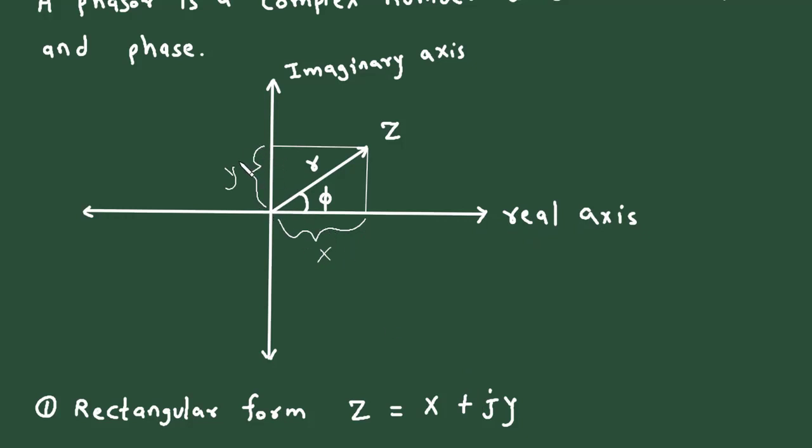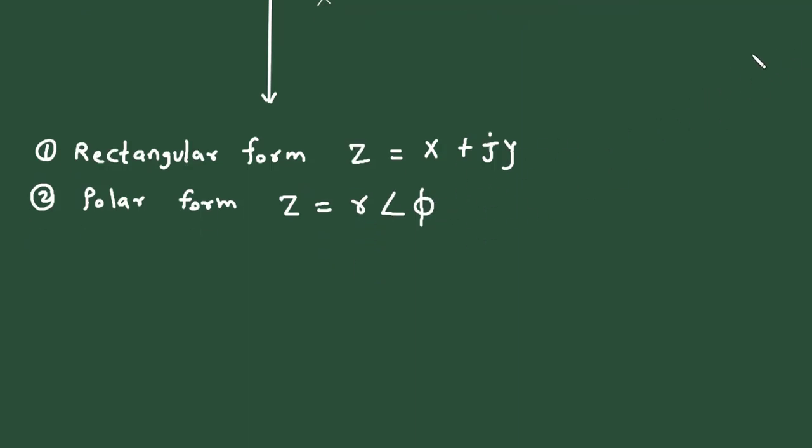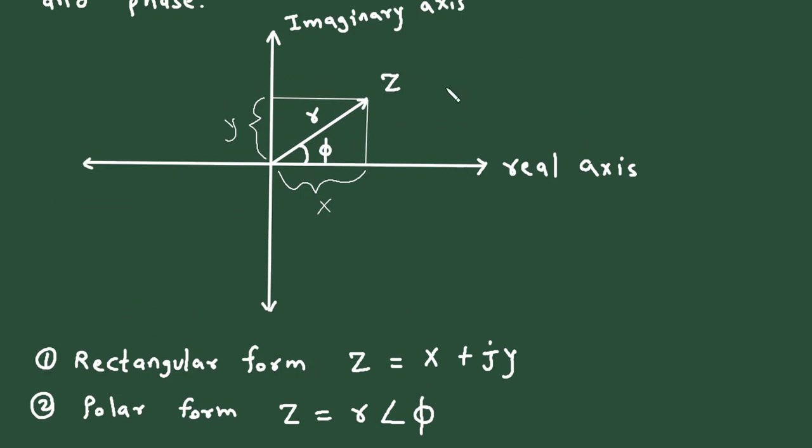But since it is on imaginary axis, we have to multiply this by this j. Then second is polar form. So in polar form, the phasor is represented like z is equal to r at an angle phi, where r is the amplitude and this phi is the angle, this angle.